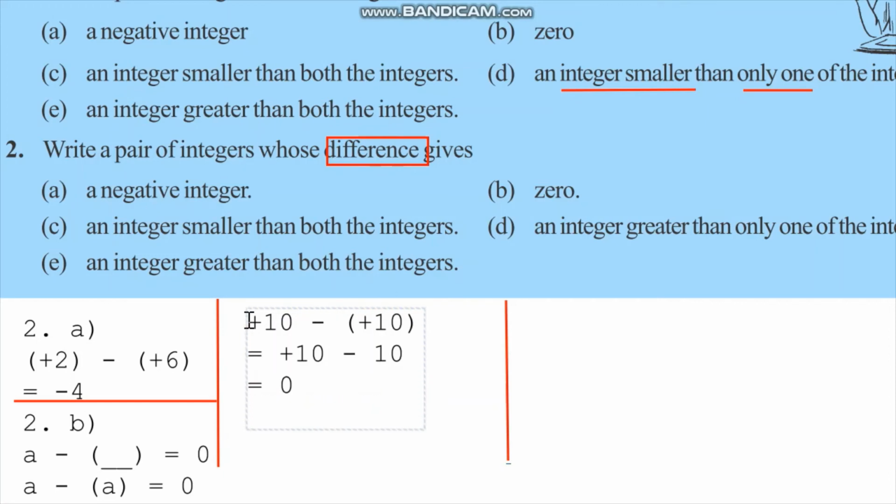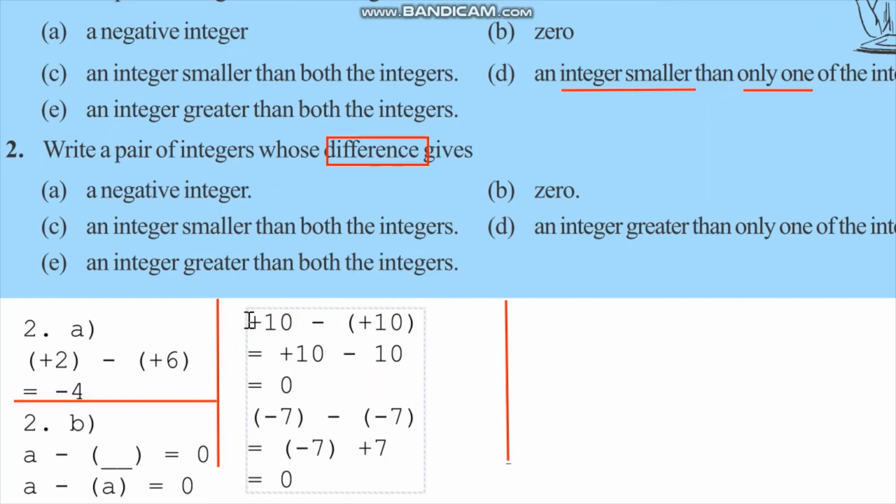Or we can also have the situation where A is equal to a negative integer, that is minus 7, and then we are subtracting minus 7 from itself. Minus of minus is going to give us plus. So minus 7 plus 7 ends up with 0.